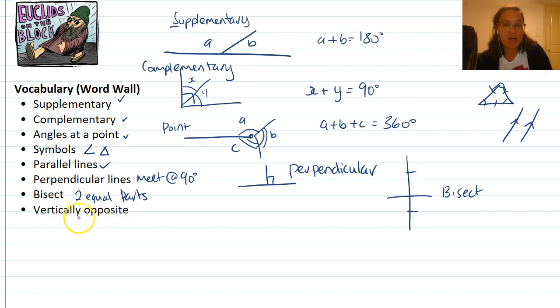Oh, and vertically opposite. Okay, so if I have a straight line, there's 180 degrees there. And if I take another straight line, let's go green, and I cut it across there, there would be 180 degrees in here as well.